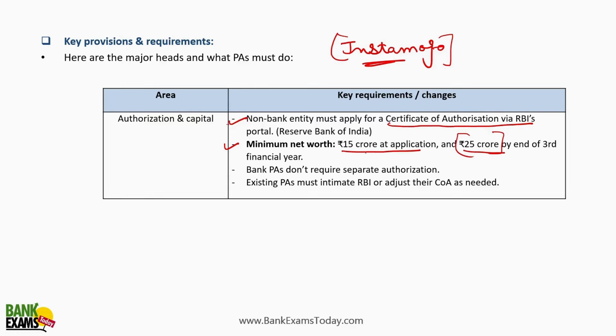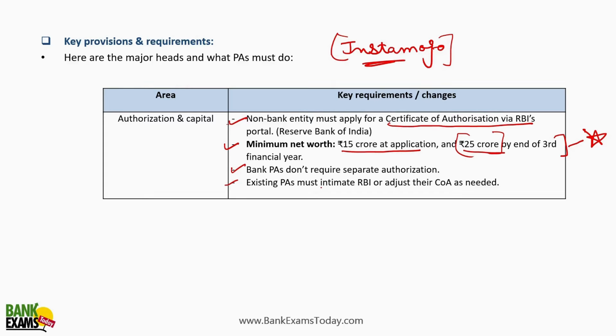So minimum net worth requirement at the time of application 15 crore and 25 crore by the end of third year. And this point itself is very important. So from the whole master direction, this particular point was in the news for a long period of time. So bank PAs, payment aggregators, don't require any separate authorization.